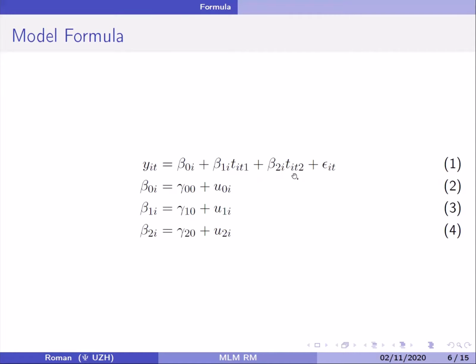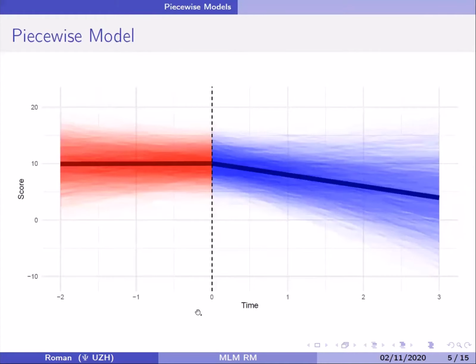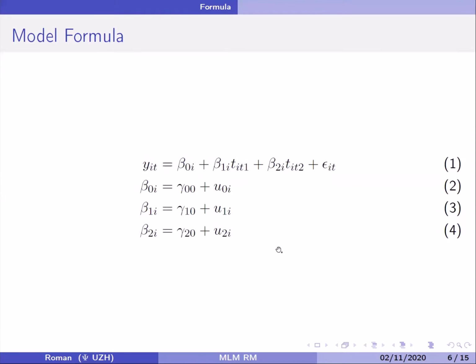And then T_i2 is the time variable for the second set of time measurements. So in that formula, T_i1 would encompass these time points, and T_i2 would encompass the latter time points, the blue time points.